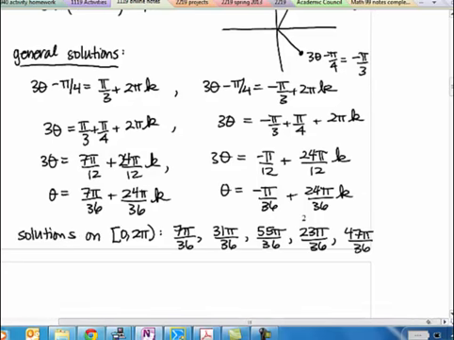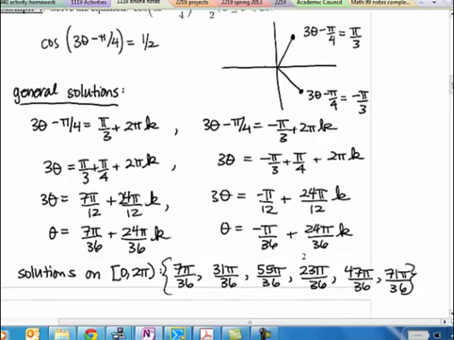That's less than 2 pi. Another 24, we would have 71 pi over 36. That's just barely less than 2 pi, because 2 pi would be 72 pi over 36. So we get these 6 solutions on that interval from 0 to 2 pi.